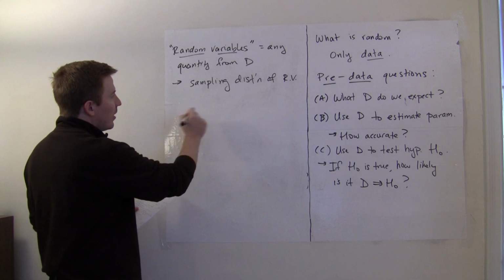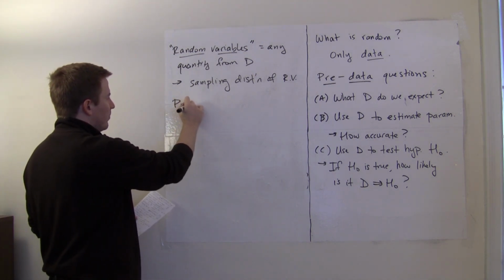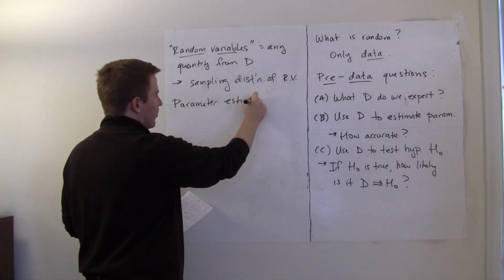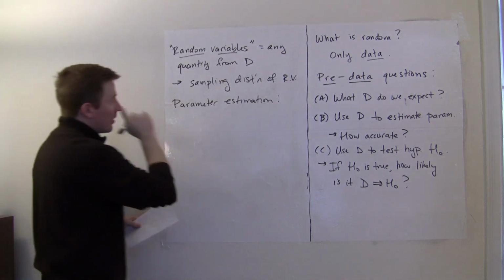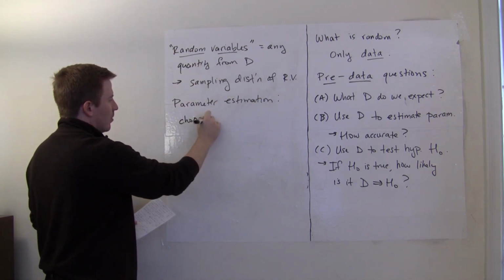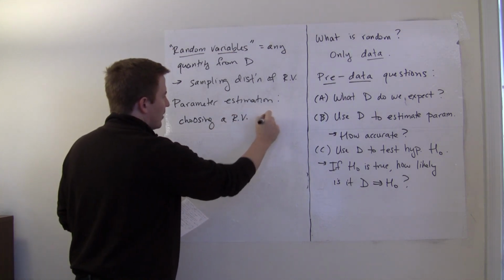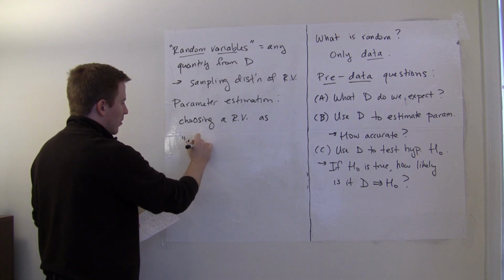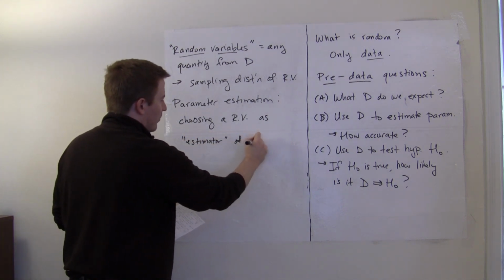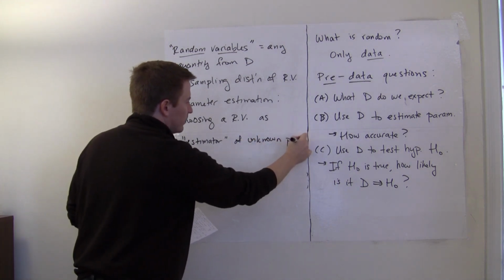So if we want to do something like parameter estimation, what we were just talking about, that is going to consist of choosing a random variable as what's called an estimator of this unknown parameter. We'll do an example in just a minute.